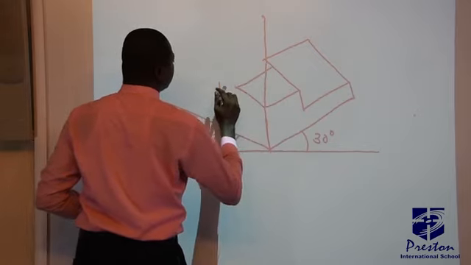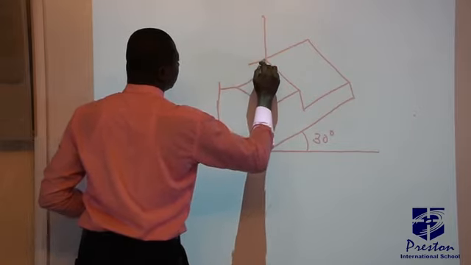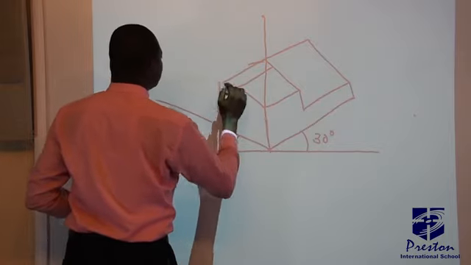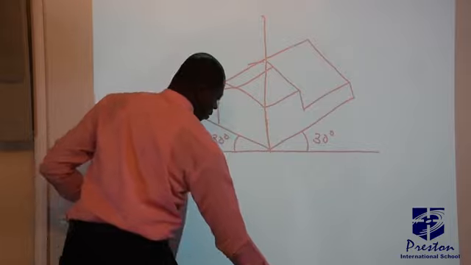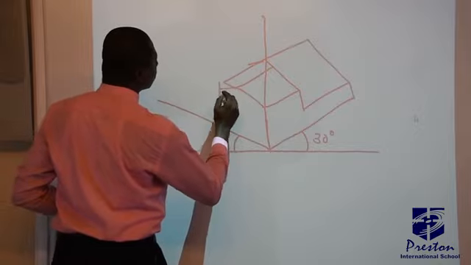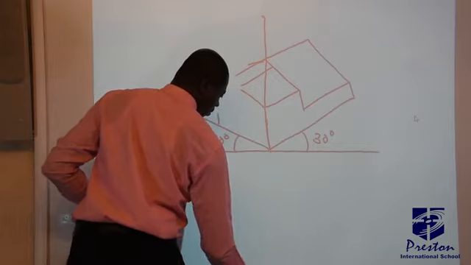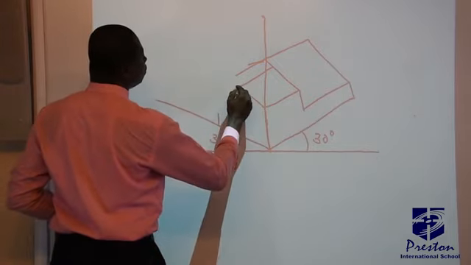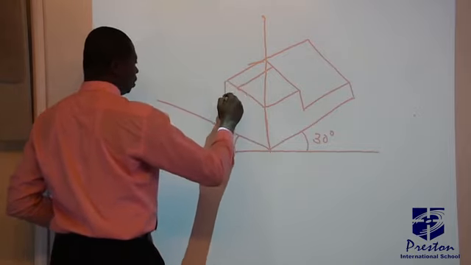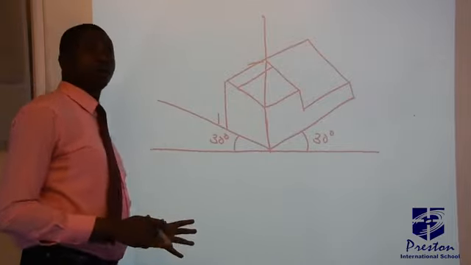You have a view like this. So you join the view this way. So this is the view you are going to see on your drawing.